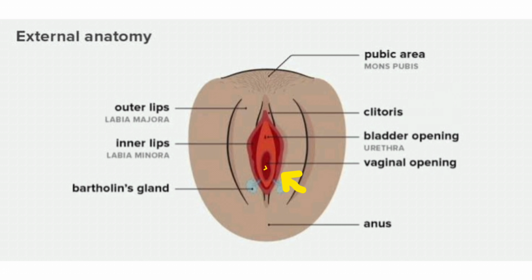The vaginal opening is clearly seen. The opening is covered with a thin tissue layer called the hymen. Bartholin's gland is also present just below the vaginal opening, which secretes fluid, helping in lubrication during sexual intercourse. Unlike males, females have three distinct openings: the urinary bladder opening, the vagina, and the anus.